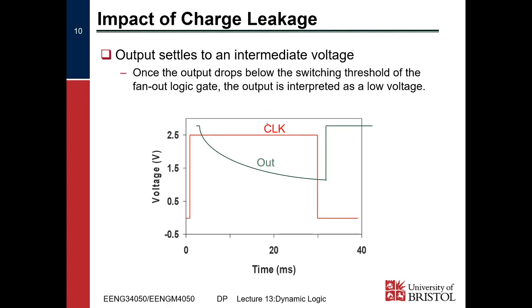We had the same issue of reduced voltage with our pass transistor logic. Who can remember what we did to solve this issue with pass transistor logic? By all means, call out. No? No one? Go have a look at the pass transistor lectures.